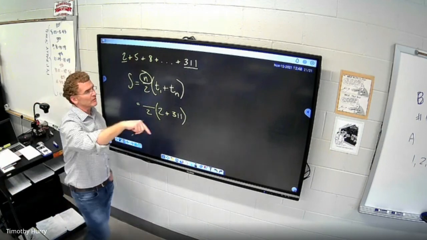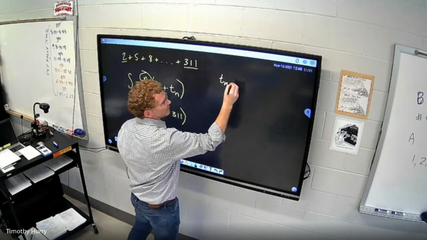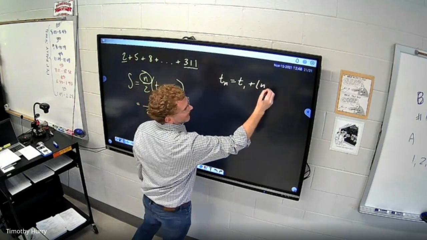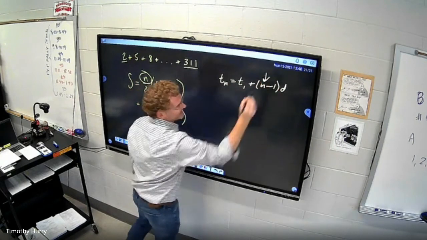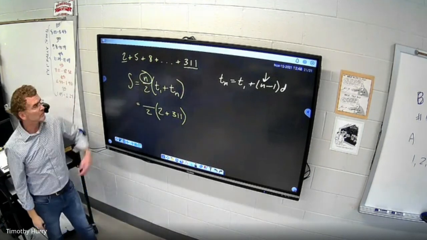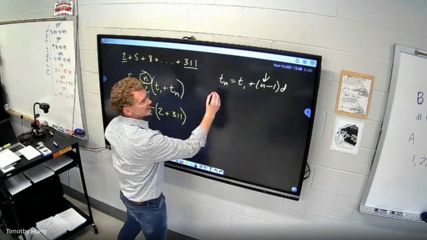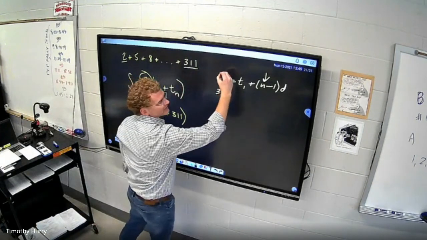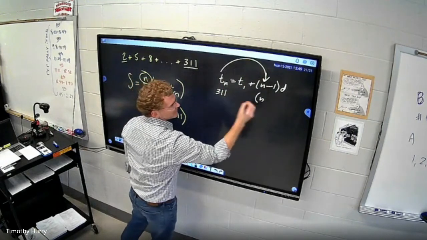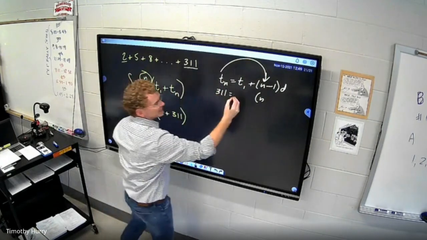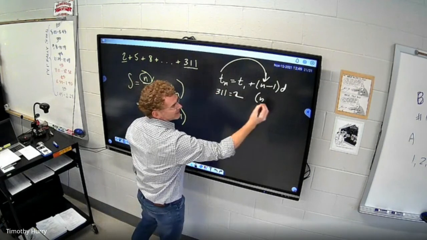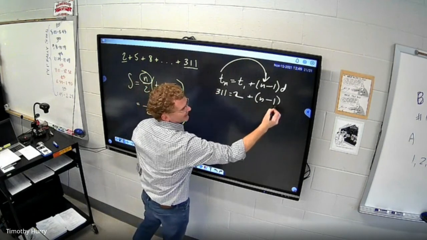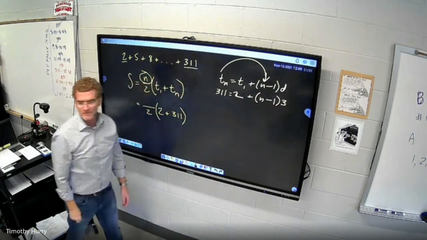So what do I turn to? The other formula. So I pull out my other formula, and I'm solving for n in it. So I plug 311 in for that term so that I can find its place. I plug 2 in for that term because I know its place, and I know the common difference is a 3.